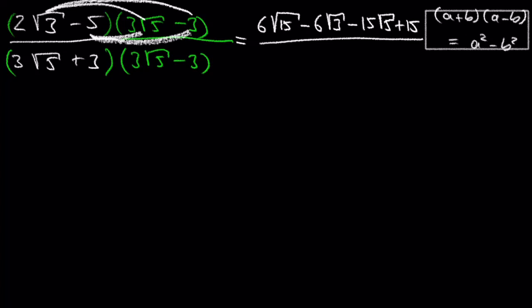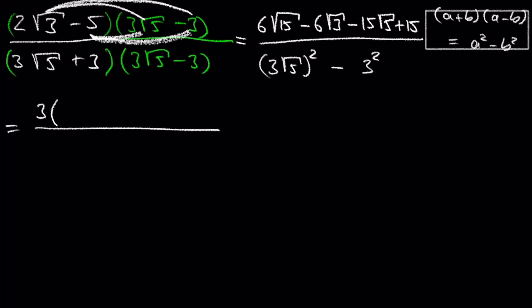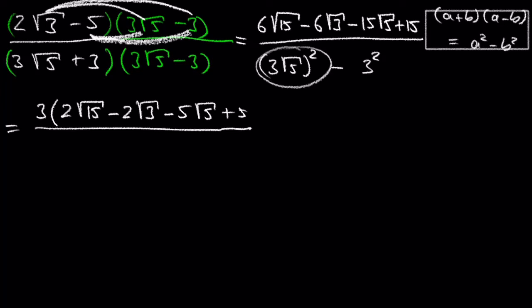In the denominator, we get 3 times the square root of 5 squared minus 3 squared. We can write the numerator as 3 times 2 times the square root of 15 minus 2 times the square root of 3 minus 5 times the square root of 5 plus 5. 3 times the square root of 5 squared is 9 times 5, which is 45.